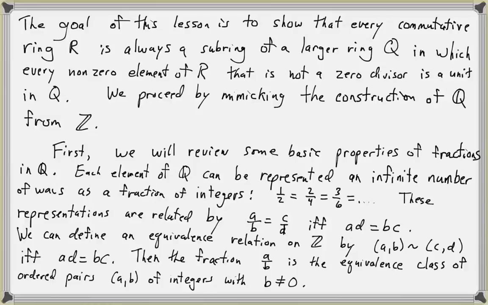We can define operations on these equivalence classes of fractions: A/B plus C/D equals (AD plus BC) over BD, and the multiplication of two fractions, A/B times C/D, equals AC over BD.